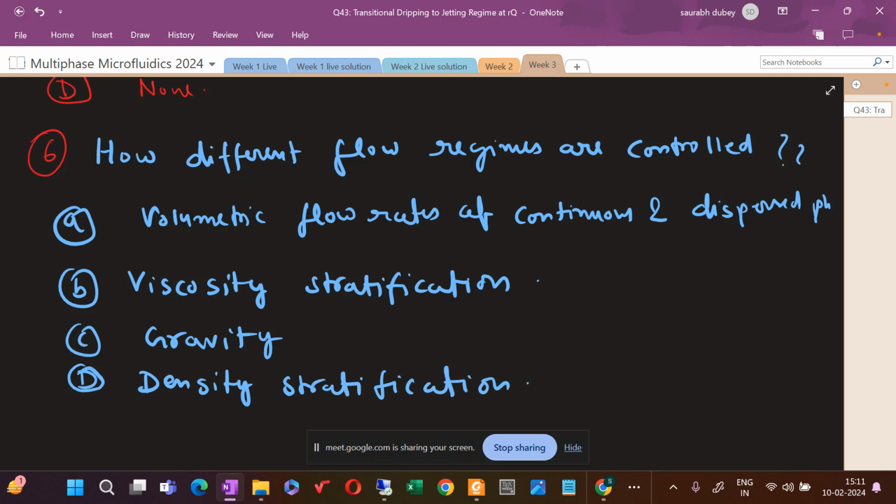So in order to control different flow regimes, for example, jetting, dripping, there has been some discussion about the Rayleigh-Bénard instability.